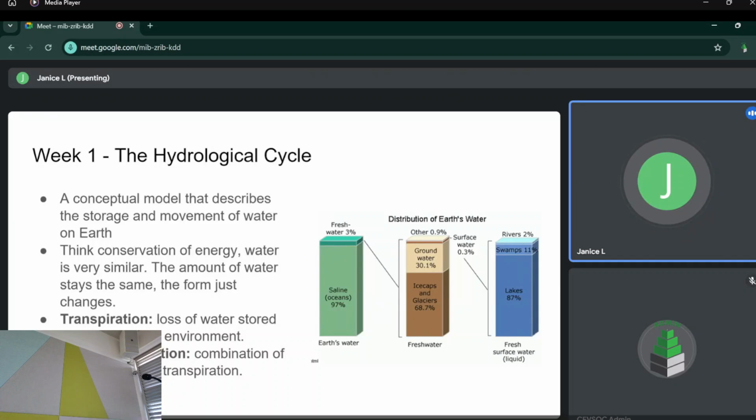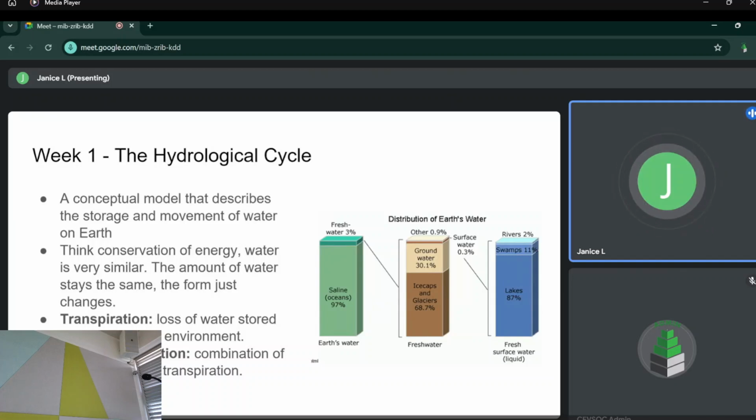The amount of water stays the same within the system. The form just changes or it moves around, yeah? Similar with energy, how you have gravitational potential energy transforming into kinetic energy. You also have water. It melts, it freezes, it moves around in Earth. It stays the same.